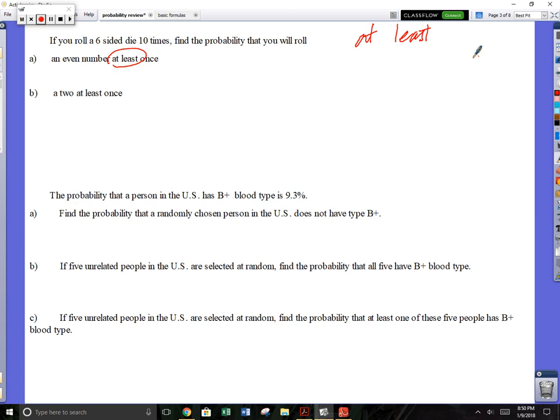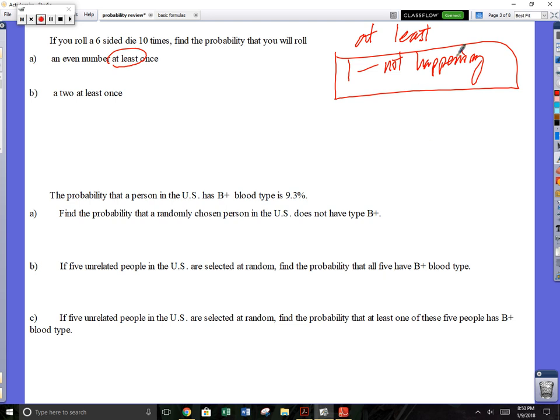We are going to take the chances of it not happening and subtract them from 1. So the chances of something happening versus it not happening add up to 100%.